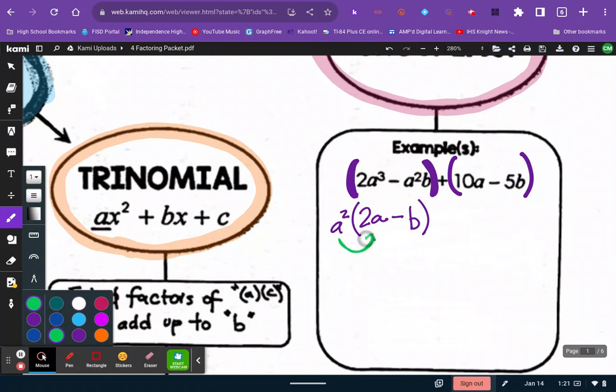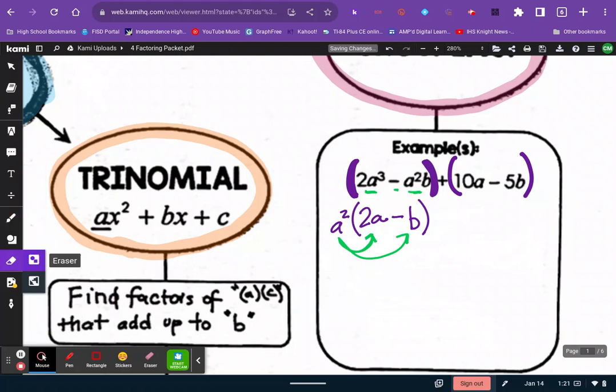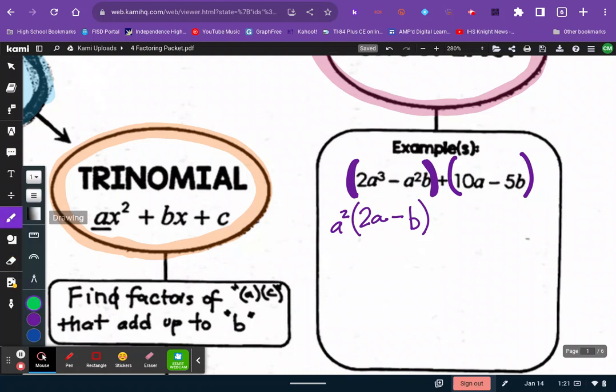A squared times 2a would be 2a to the third. A squared times negative b would be negative a squared b. So that's a quick way just to make sure that you have factored out the GCF correctly. And then you're going to go forward to the next group.